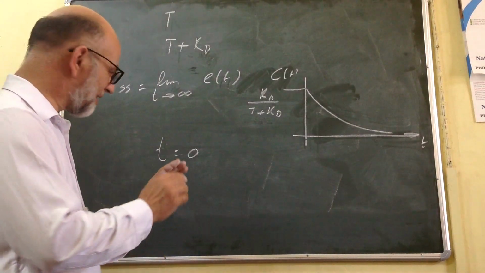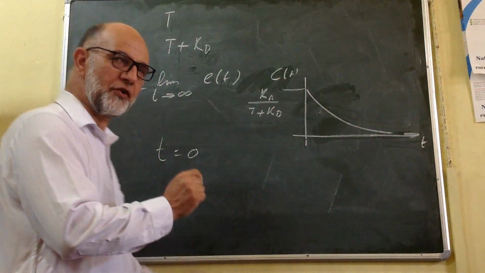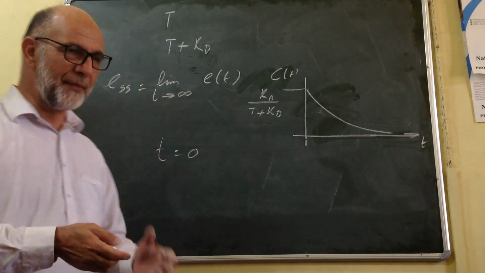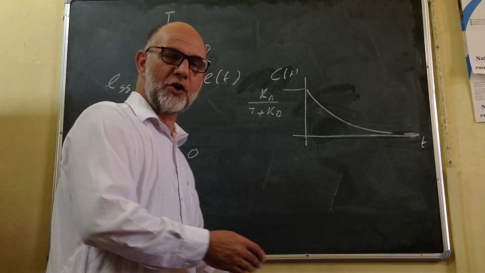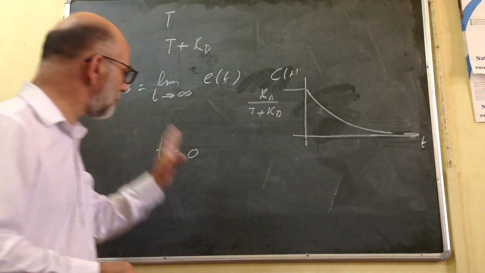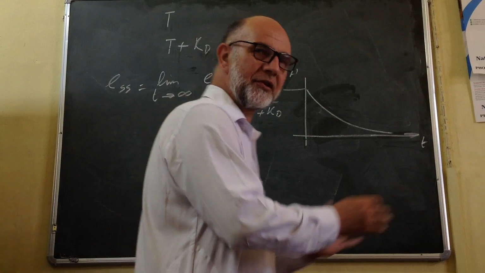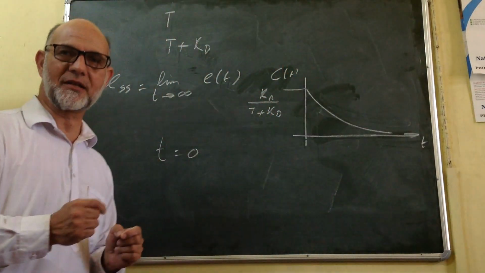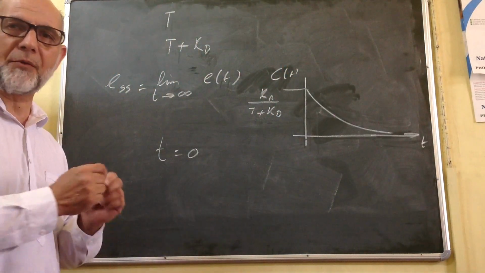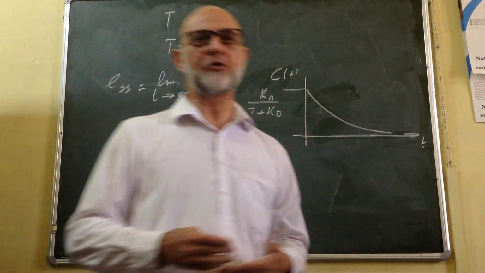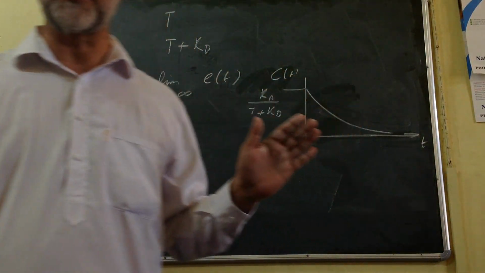We're not talking about the error, we're talking about the rate at which the error is changing, that is essentially very large. So a derivative controller produces good control action at times close to t equal to 0. But as t evolves, the rate at which the error changes becomes smaller and smaller and eventually becomes equal to 0. So as t evolves, a derivative controller essentially provides no control action.